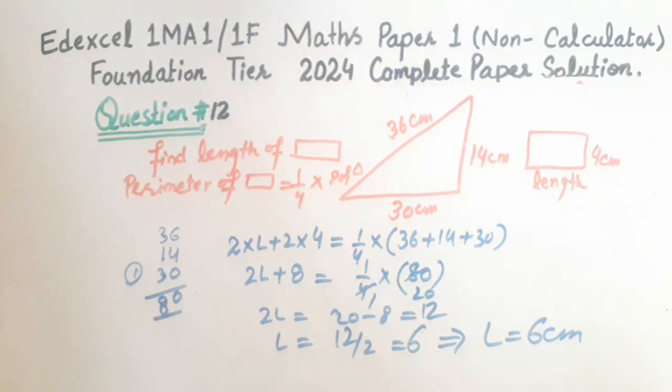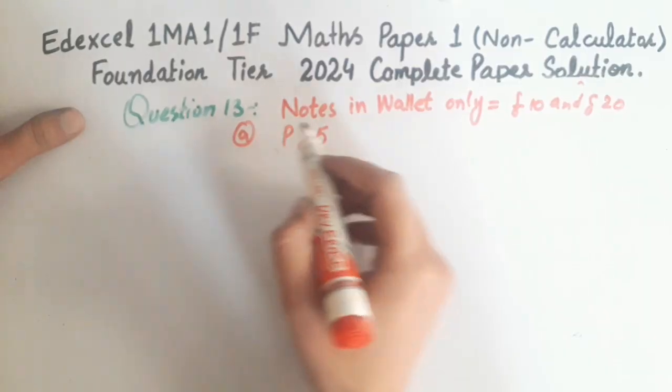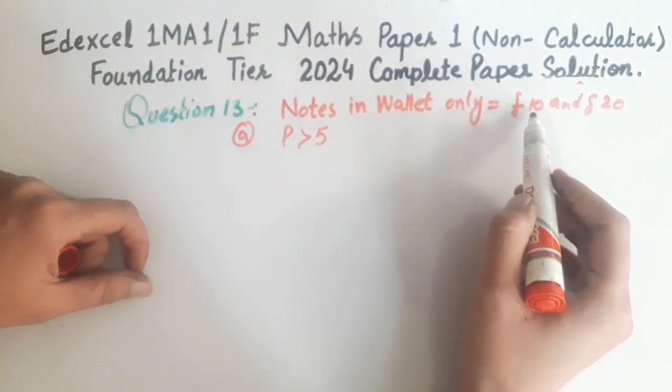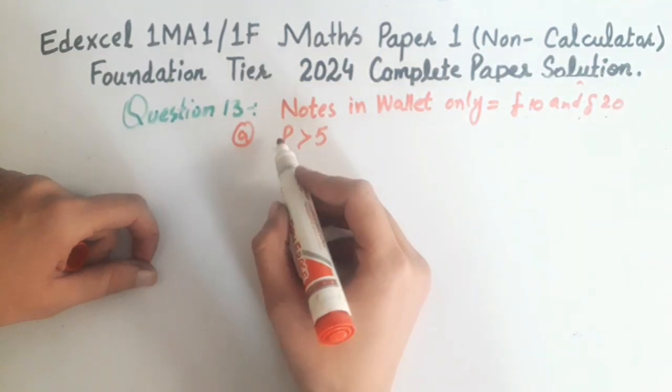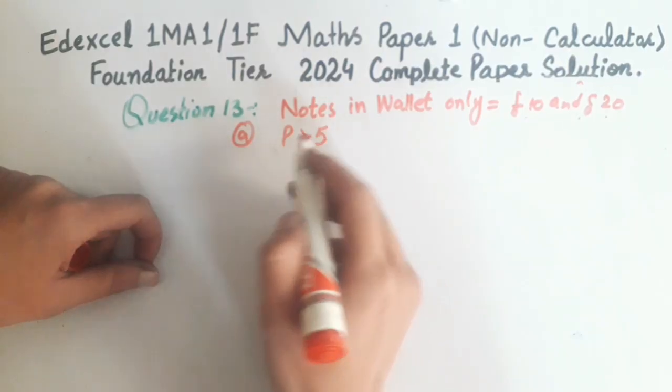Now we will solve question number 13. Notes in the wallet are only of 10 euro and 13 euro. You have to find the probability that a person takes a note with value more than 5.